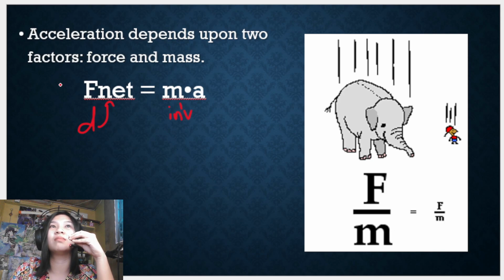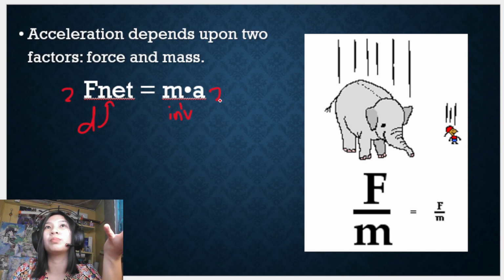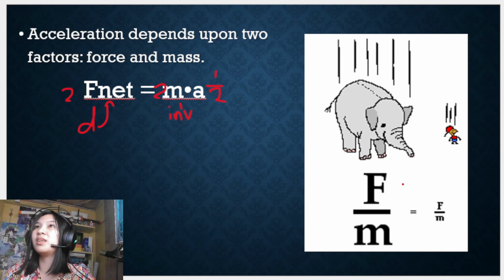So, if your net force doubles, the acceleration also doubles. But if your mass doubles, the acceleration halves. So, and that's what happens here.